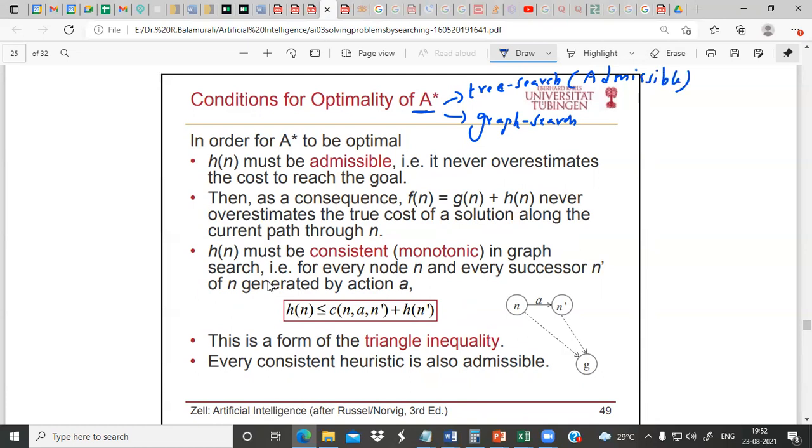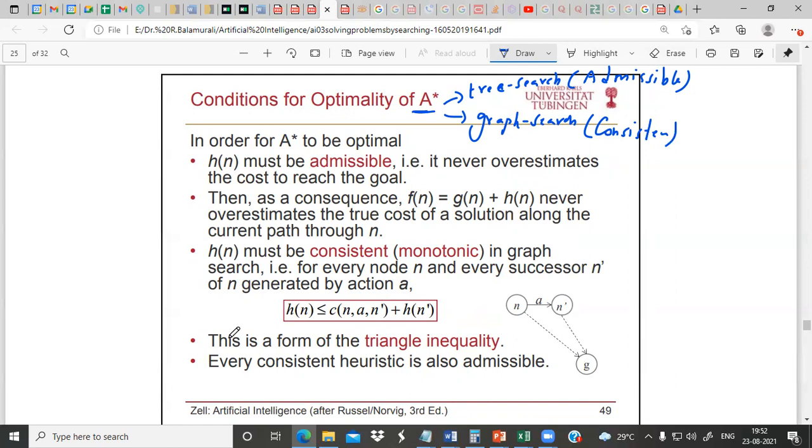If it is admissible, it is enough. I mean, it will be optimal, not complete. The optimality property for tree search is that it should be admissible, and for graph search it should be consistent. A consistent heuristic is always admissible.